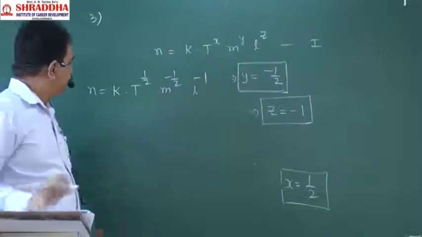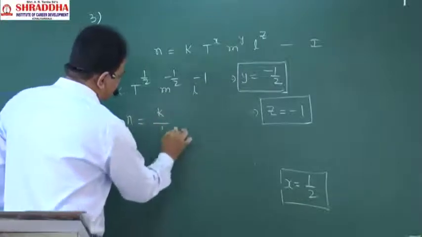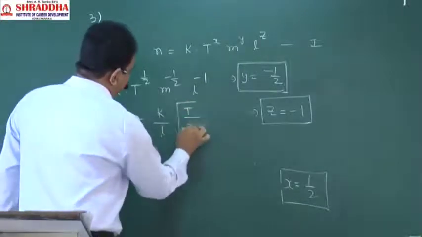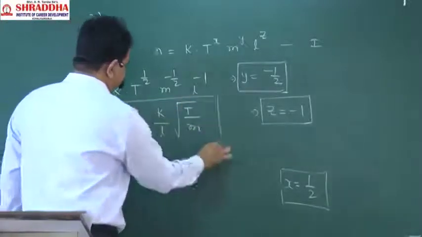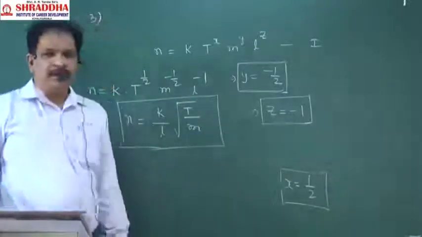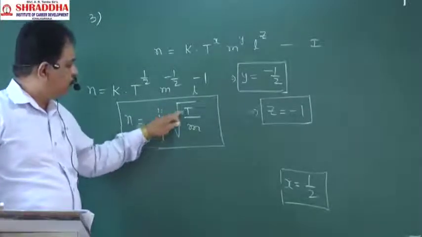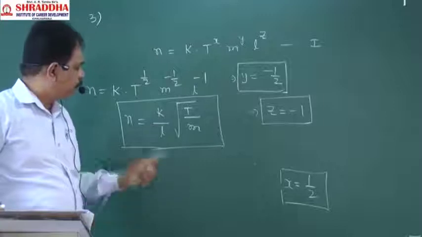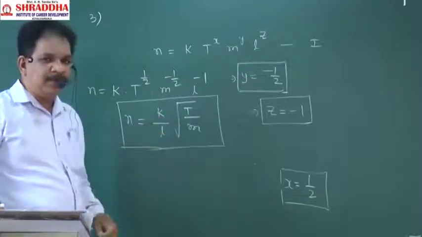So this value: N is equal to K by L root T by M. So like this we will get, K is equal to 1 by 2L, N is equal to K by 2L into root T by M.